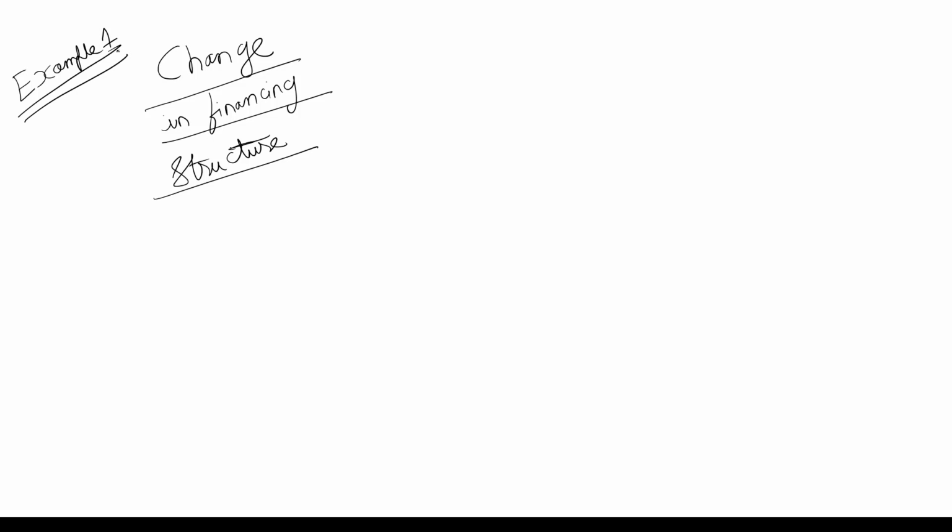Change in financing structure. So the house value of 1 crore, now let us assume that this house value has been funded as 80% in the form of equity. This is 80 lakhs, and this is in the form of equity.